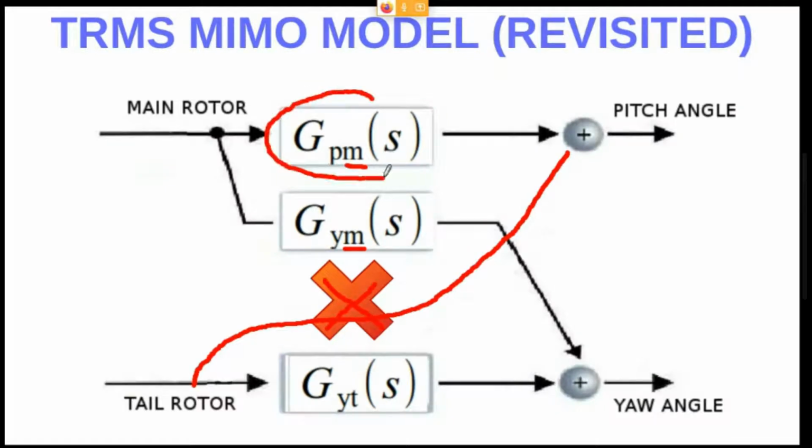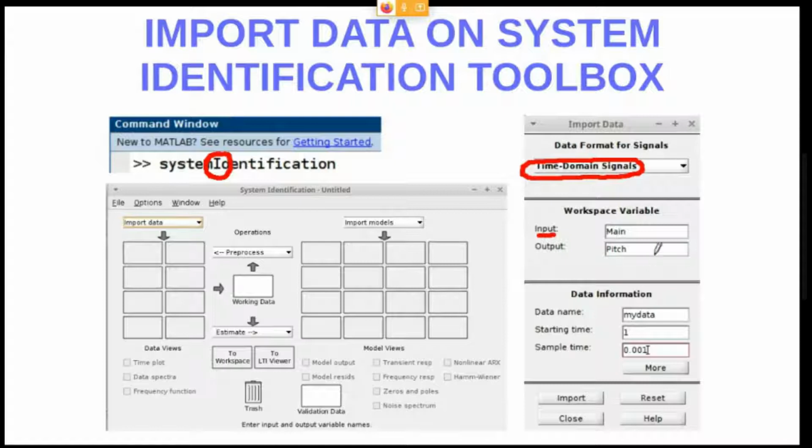The first task will be to find this transfer function, the effect on the pitch angle caused by the main rotor. So we put here the main, the pitch, and then we can change the name of this data set. By default is my data, but you can change the name depending on your taste, right? So here by default, we let the name to be my data.